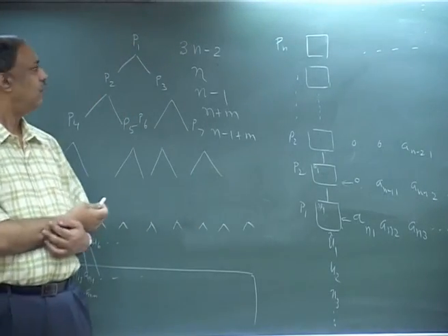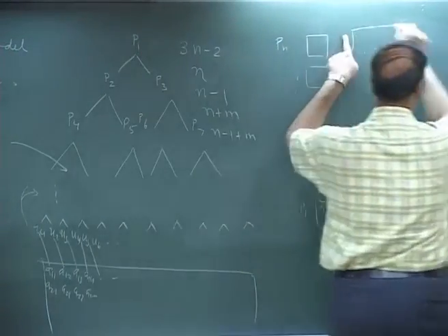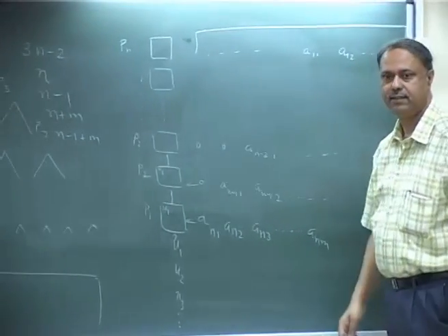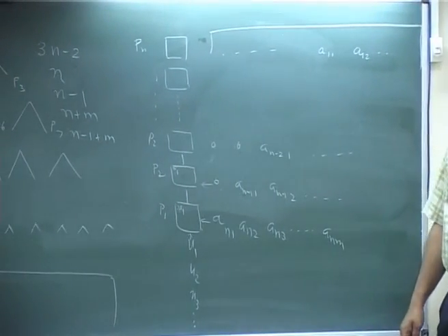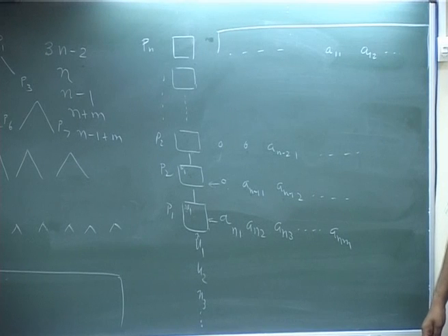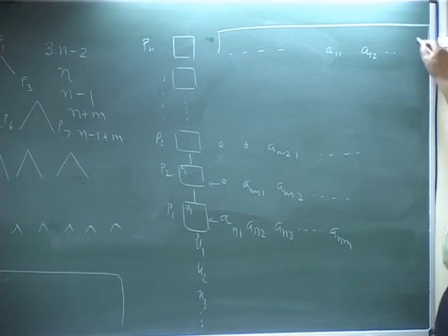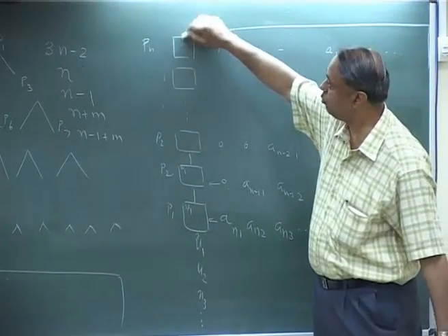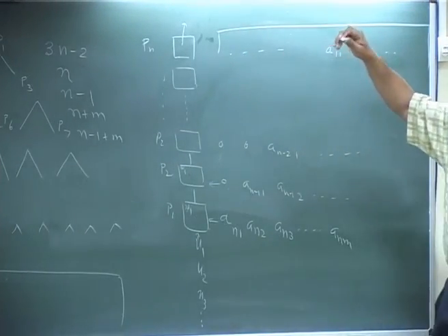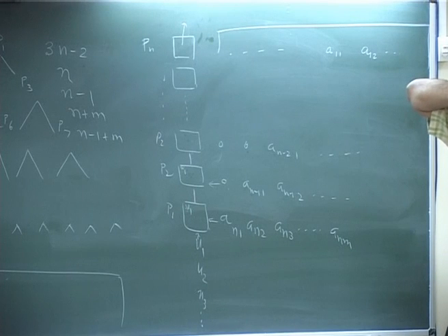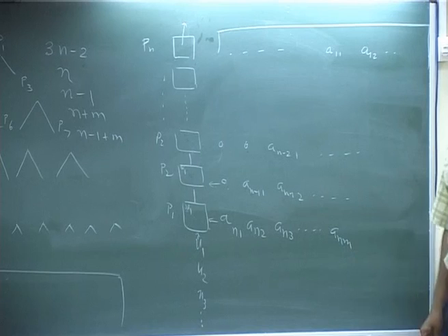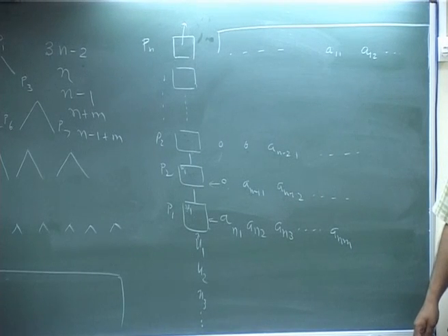What you have to find out is the distance from here to here. That is the only thing you need to know, right? See, the last element has to arrive here and move out. N plus m, or n plus m minus 1?